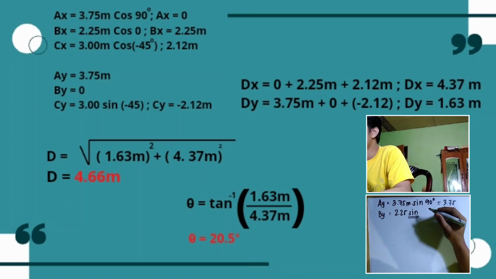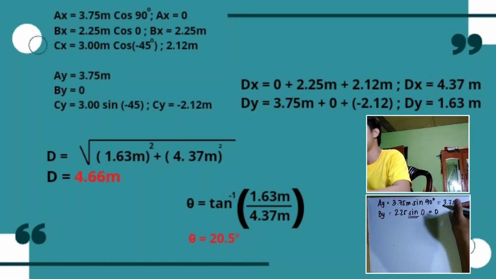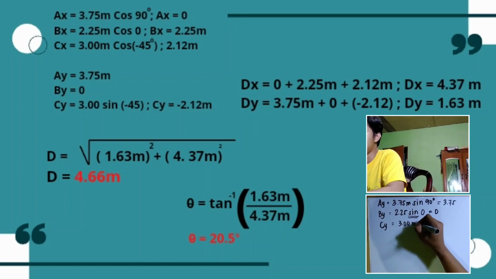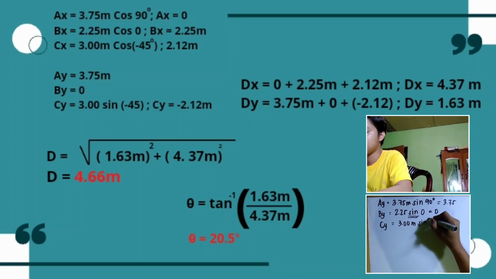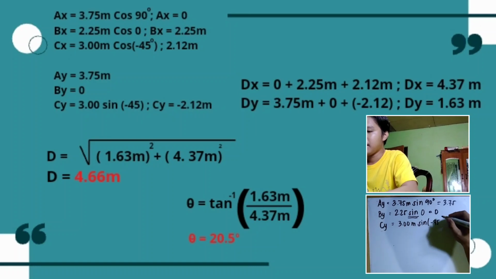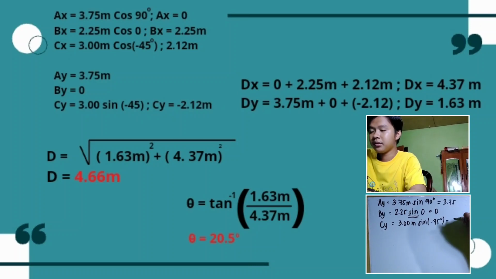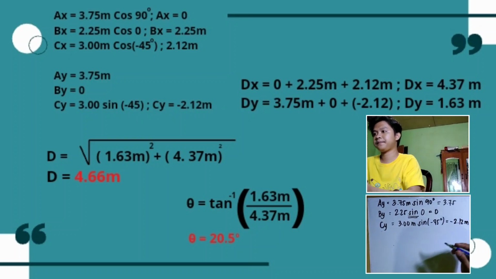So 2.25 sine of the angle 0 is equal to 0. So c sub y is equal to 3 meters sine of negative 45 degrees, which is equal to negative 2.12 meters.